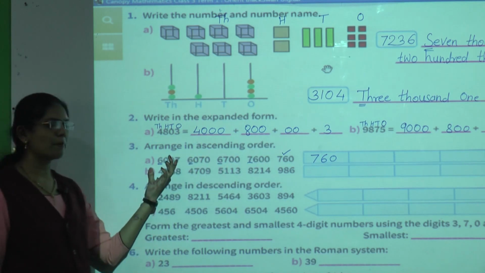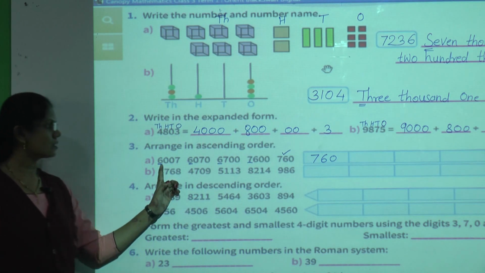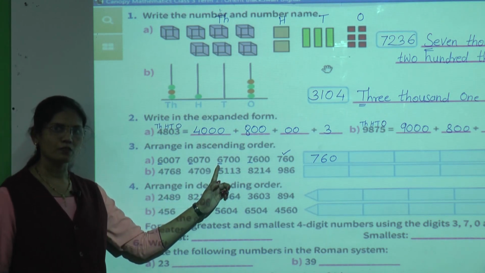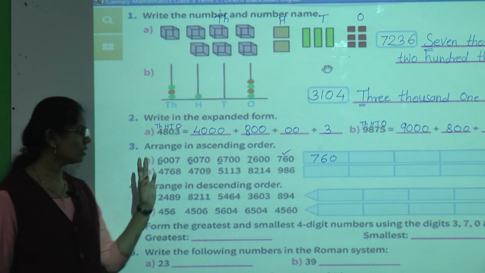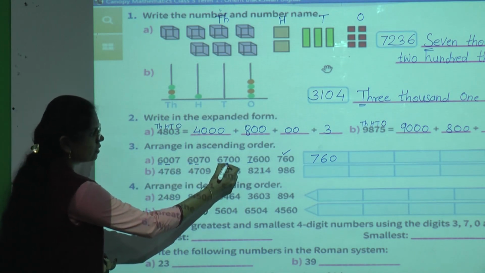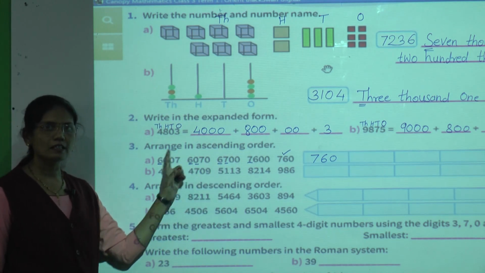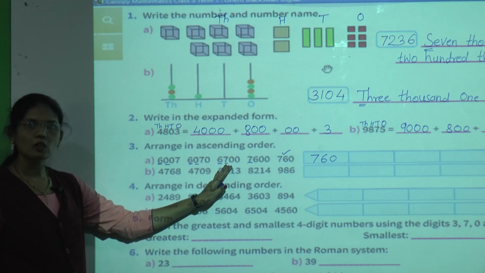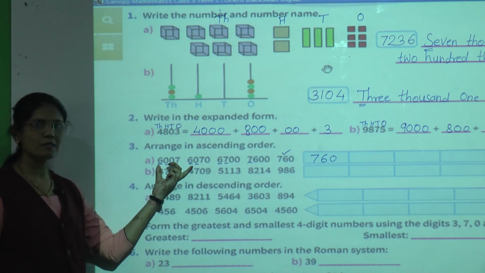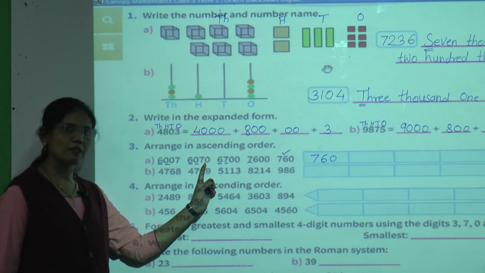Now we will compare these three numbers. Here 6, here 6, here also 6. So what will we do? We will move to the next digit. Here 0 is there, here 0 is there, here 7 is there. 0, 0, 7. 7 is greater than 0. So this number will not come now. Now two numbers are remaining, 6007 and 6070.